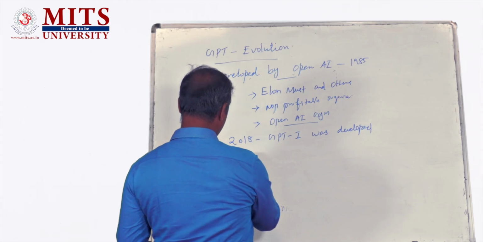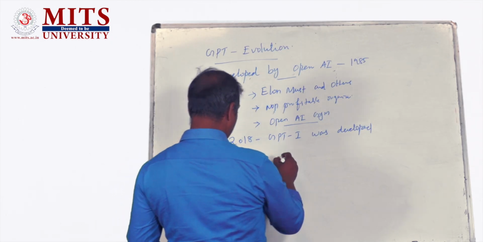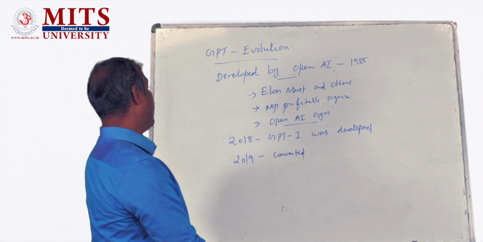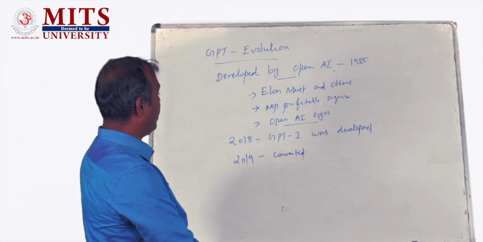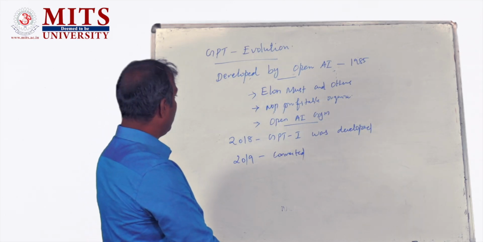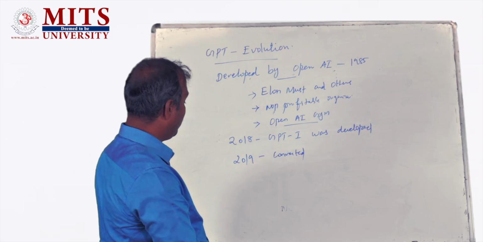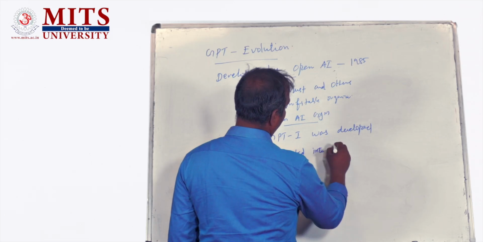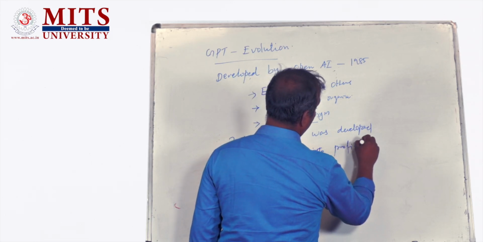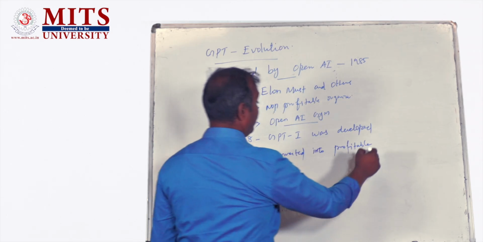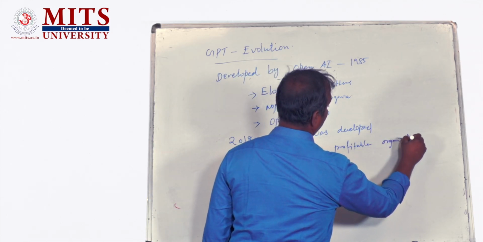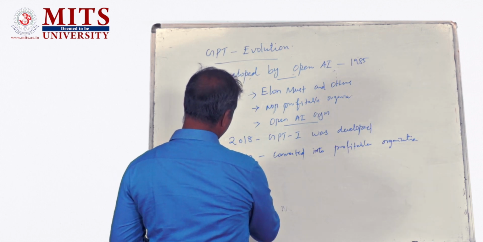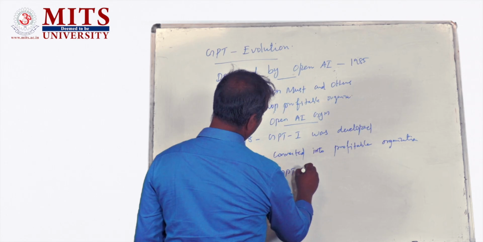Later, in 2019, in order to develop AI tools to the next level, they needed more funds and were unable to manage it. So in 2019 they converted the OpenAI organization into a public profitable organization. And in 2020, GPT-3 was developed.